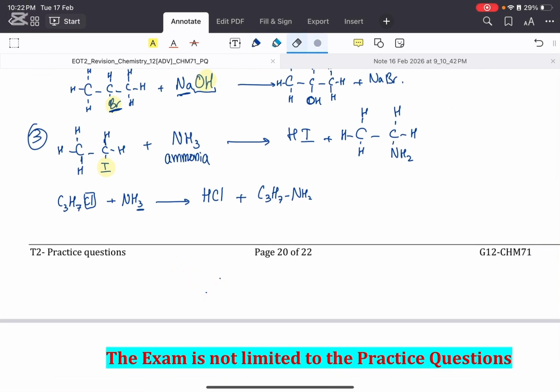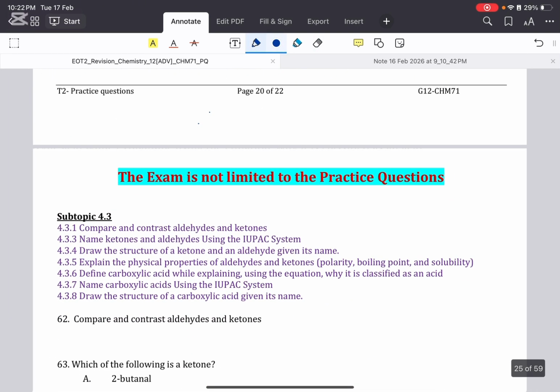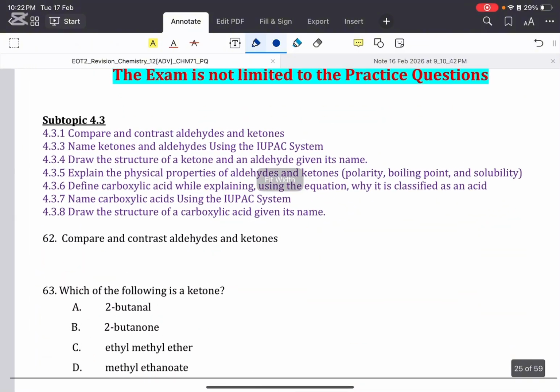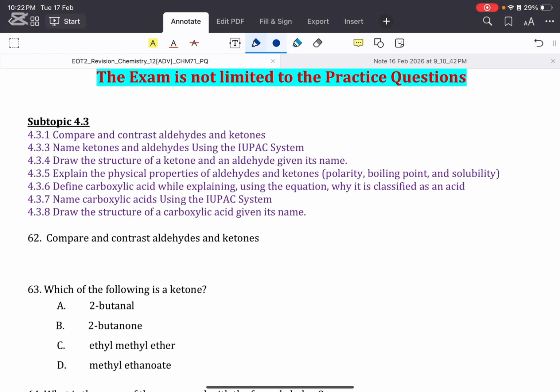So let's move on and start topic 4.3. In this one, you are going to be asked to compare aldehyde and ketones, and to write the IUPAC name of aldehyde and ketones. Also to draw the aldehyde and ketone if the IUPAC name is given.